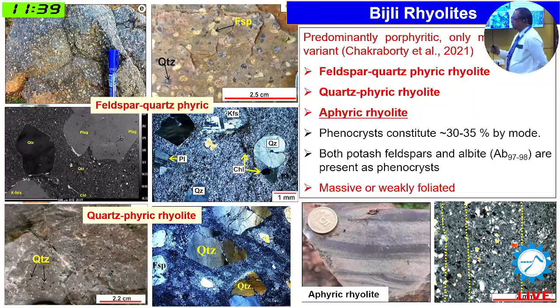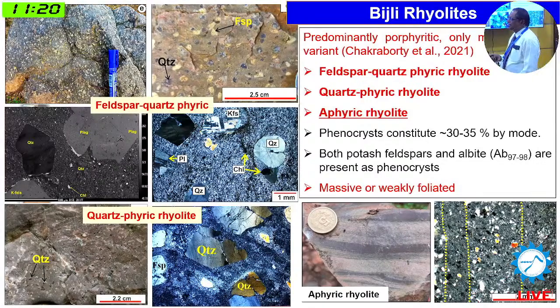Now, to tell about the rhyolites and how they occur, you can see here 3 petrographic variants. Largely the rhyolites are porphyritic, and the phenocryst proportion differs.